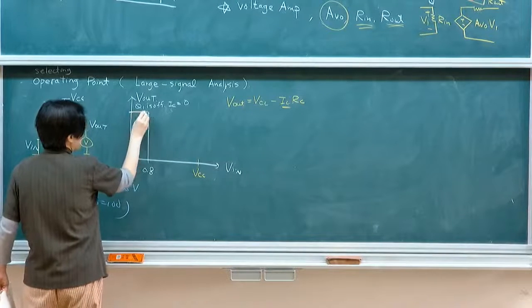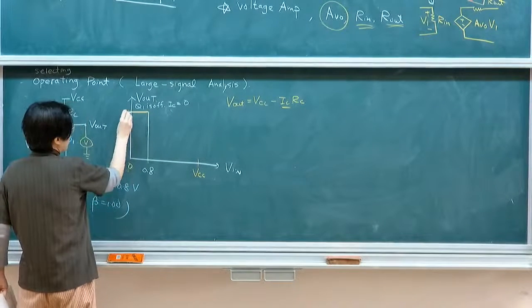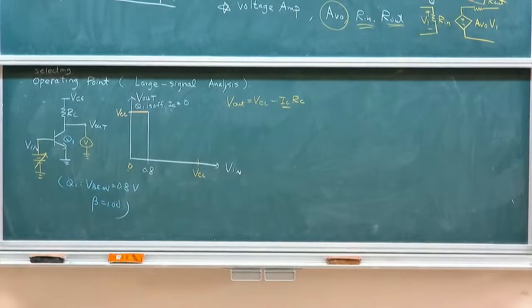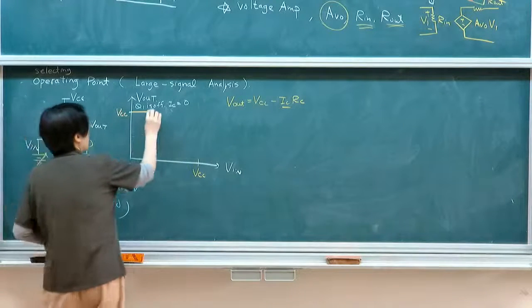In between, because Q1 is off, I should stay at VCC, right? Once it turns on, because this is an exponential model, you would then have a drastic drop. I'm not going to go into how much gain there is, but roughly, the transfer characteristic will be something like this.